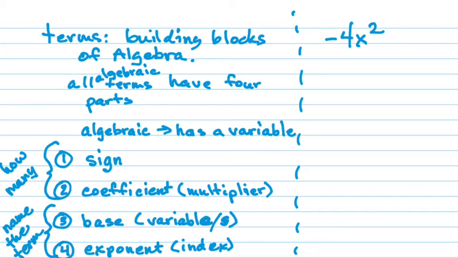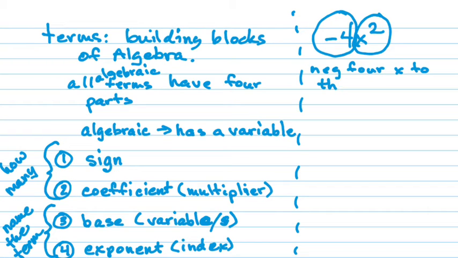So just like a while ago, I said 5 cars. Cars are the kind of objects you have, right? That's the name of the objects. So here we have negative 4 x to the second. All right? So you see how it's read? This is read as negative 4 x to the second power, if you want to put a word for it.